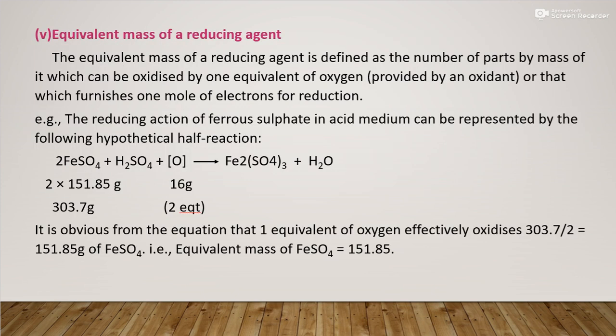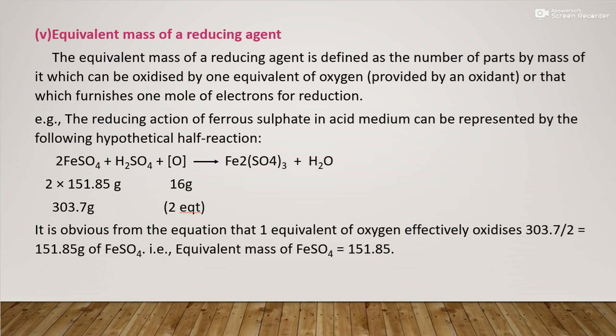The next is equivalent mass of a reducing agent. The equivalent mass of a reducing agent is defined as the number of parts by mass of it which can be oxidized by one equivalent of oxygen provided by an oxidant, or that which furnishes 1 mole of electrons for reduction. It can be illustrated in the following example. The reducing action of ferrous sulfate in acid medium can be represented by the following hypothetical half reaction.